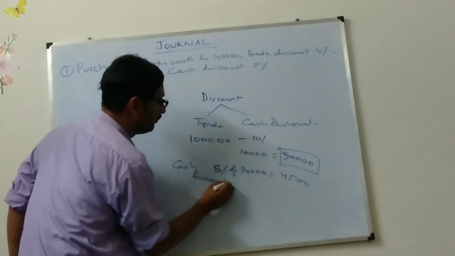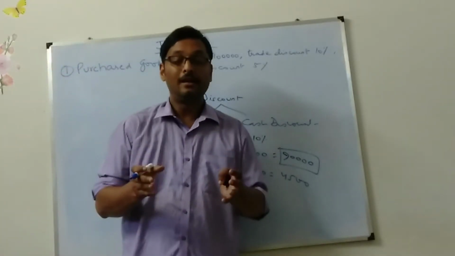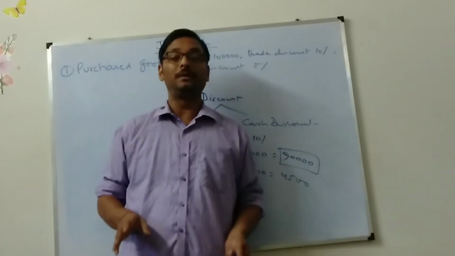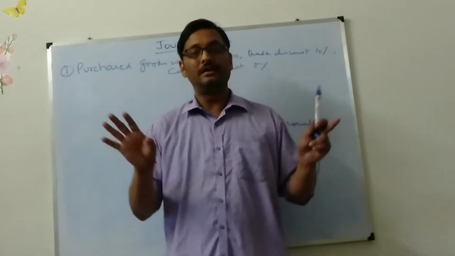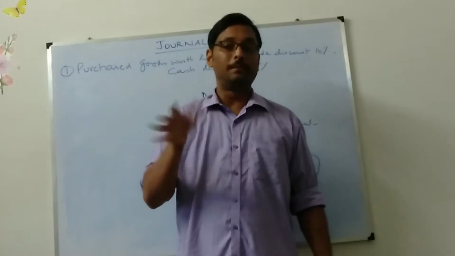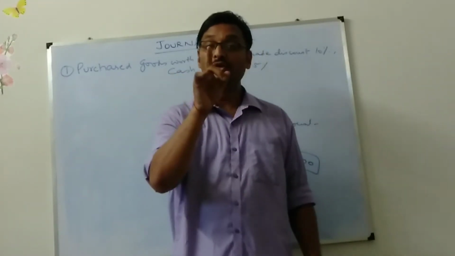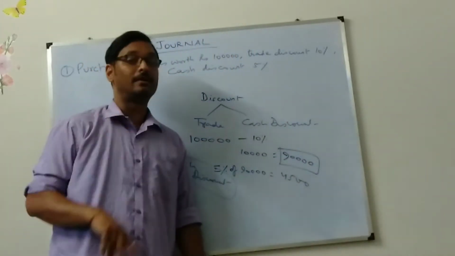And what is this cash discount? That person tells you, Bhaiya, I am in urgent need of money. You are supposed to pay me 90,000 rupees. Then you say, now it is lockdown, or whatever reason you give, I am not going to pay you because I don't have money. Then he will give you a lollipop offer: if you give me money, then I will give you a 5% discount.